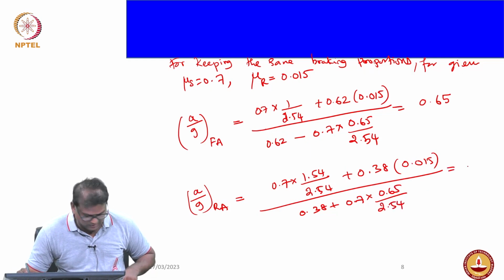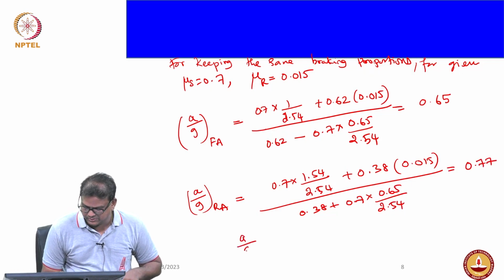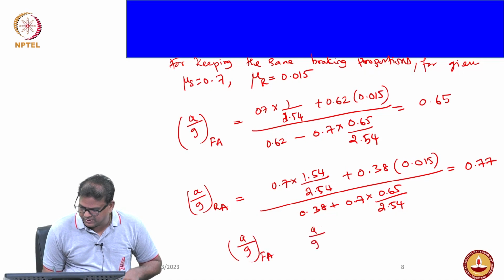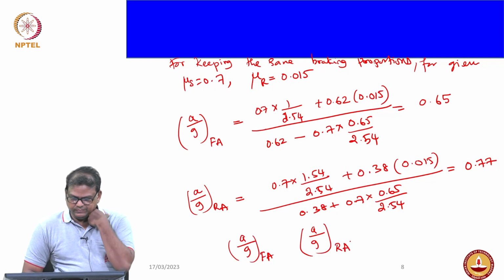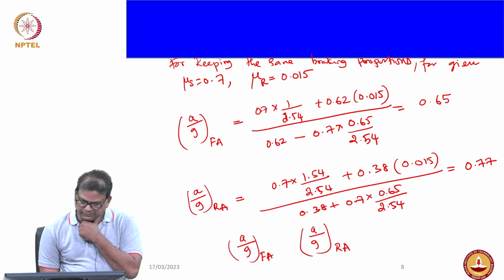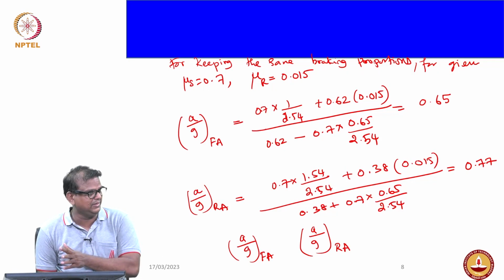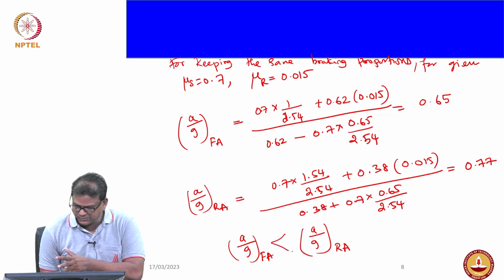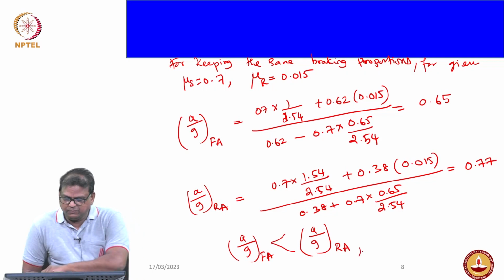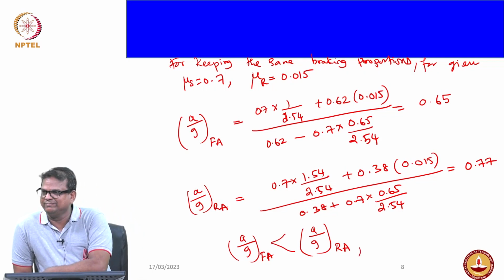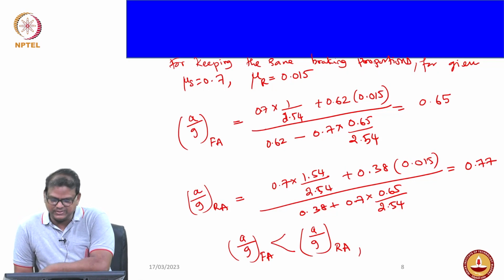That gives me 0.77. So tell me what is happening from this value. Your front axle deceleration rate is lesser than the rear axle, right? That's what is happening. So in this condition, which will lock first? The front axle will lock first.